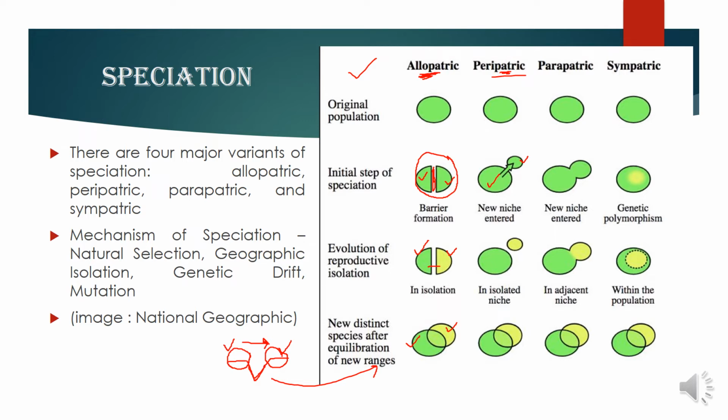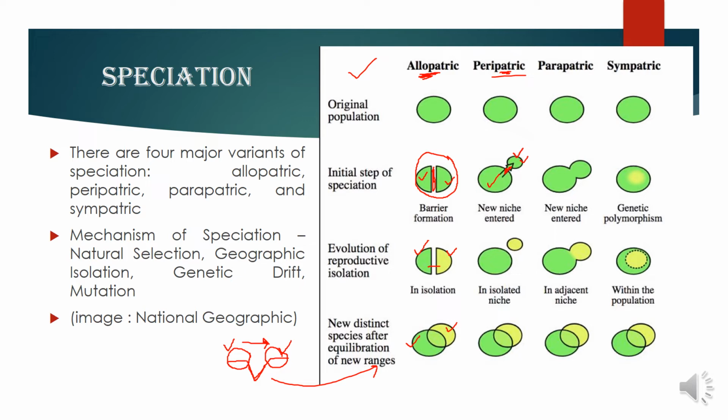Here, a few individuals from the parent population moved from the parent niche to a new niche, a small area. Though they can easily commute between the parent niche and the new niche, they prefer not to move back.